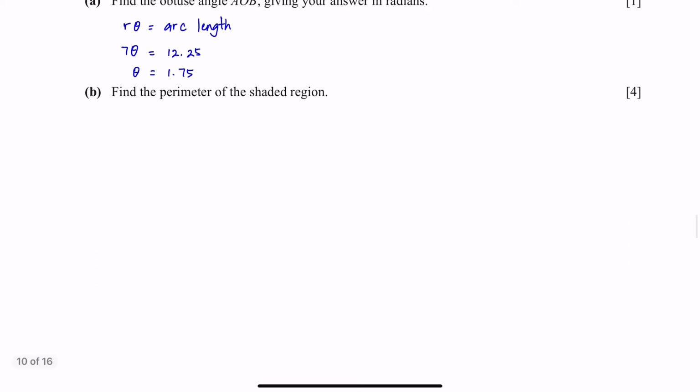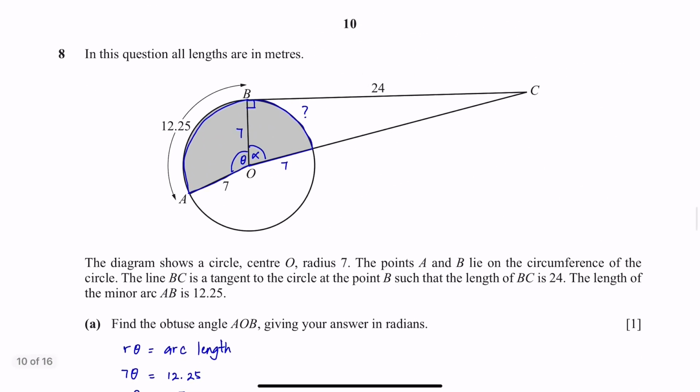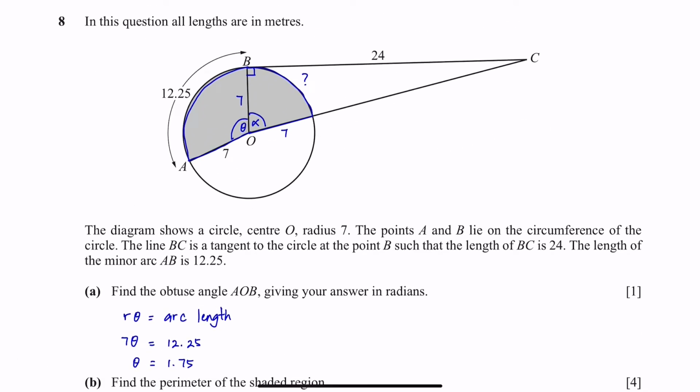So tangent BOC equals 24 over 7. So the angle BOC equals arctangent 24 over 7. And now we can find the arc length.